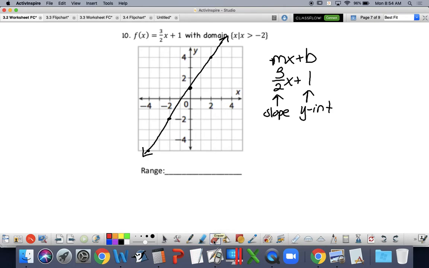It's right here. That tells me everything below, it doesn't exist. Now, because, remember, this is greater than, it's not greater than or equal to, I put an open circle right there because I don't want to actually include the value at -2, but I do want to include -1.9, -1.5. I've got to include all those pieces.